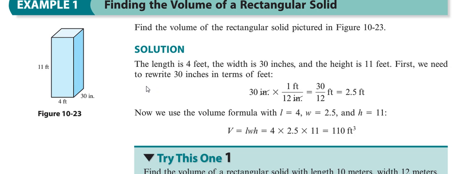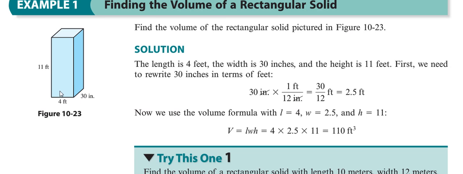So you can say 1 over 12 equals x over 30. Then you can cross multiply. You get 30 times 1 over 12 equals 30 over 12, which equals 2.5. So this 30 inches here is really 2.5 feet.